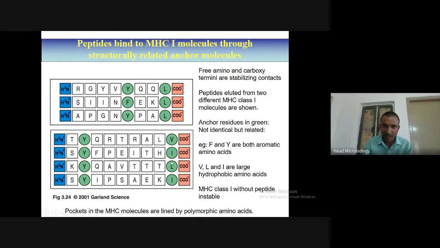VL, here V, I, L, I are large hydrophobic amino acids. These are valine, isoleucine, and leucine, which are the large hydrophobic amino acids in MHC class 1; without the peptide, it is unstable.